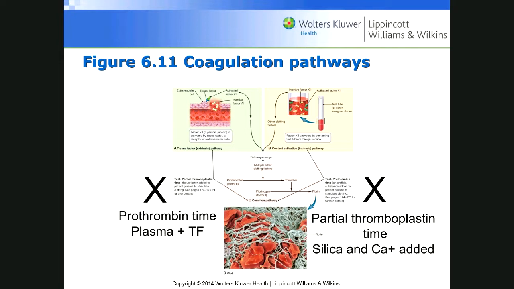If you want to measure the extrinsic pathway, it involves tissue factor, and tissue factor is factor 3, by the way. That's part of the extrinsic pathway, and that's the prothrombin time.